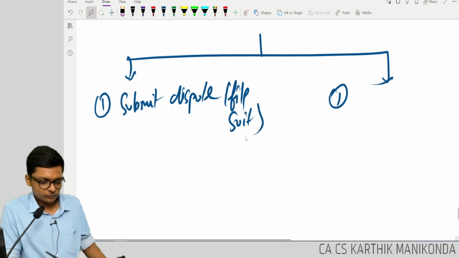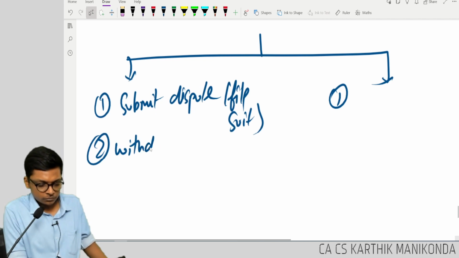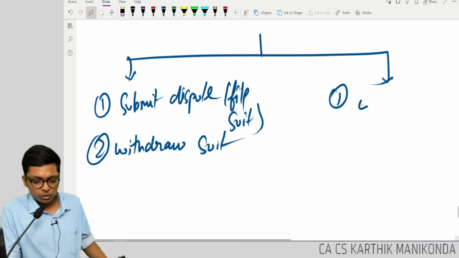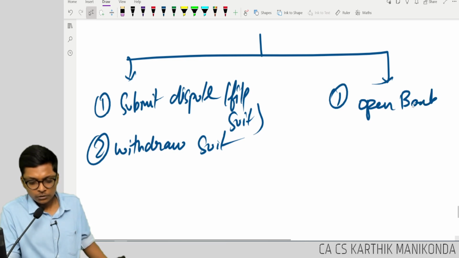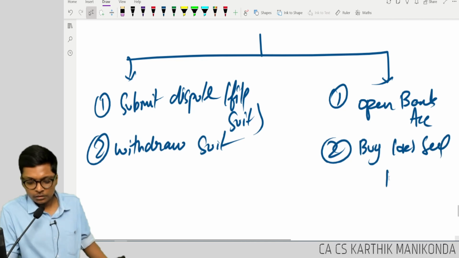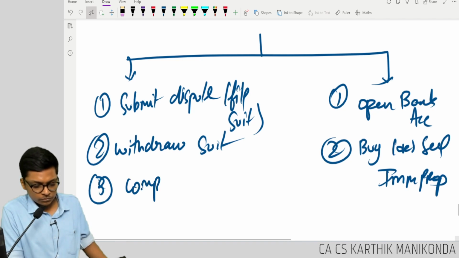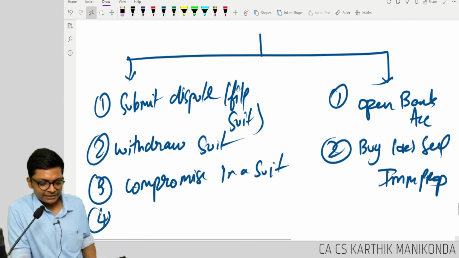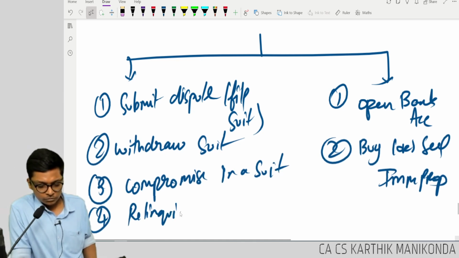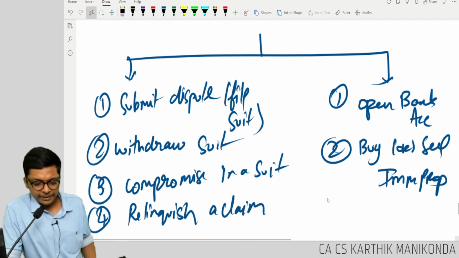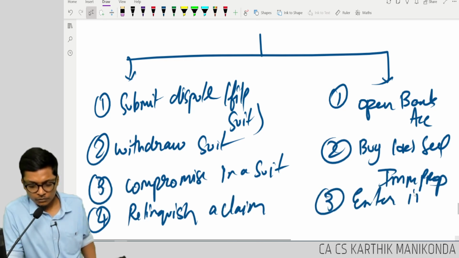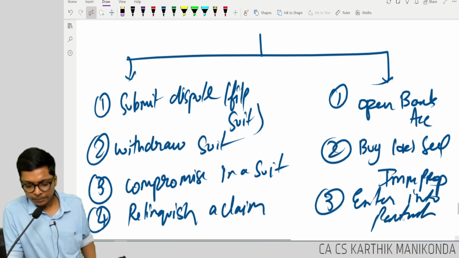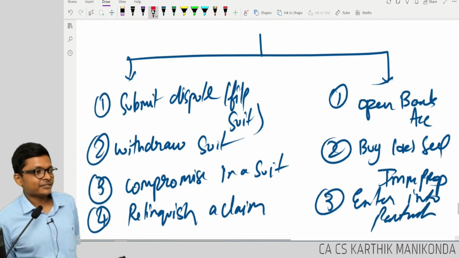Next, withdraw suit, open bank account, then buy or sell immovable property, compromise in a suit. Next is relinquish a claim, enter into partnership. That's it, guys. 8 points I've summarized into 7.